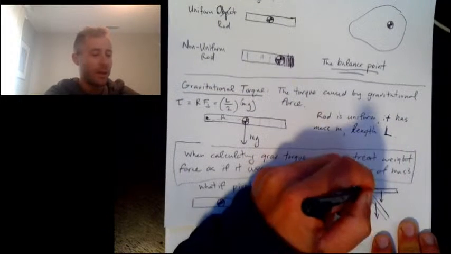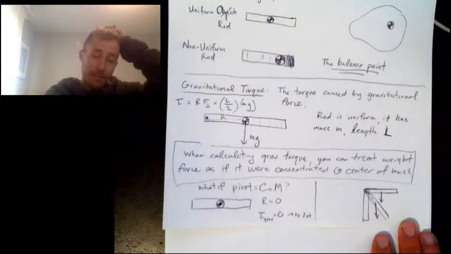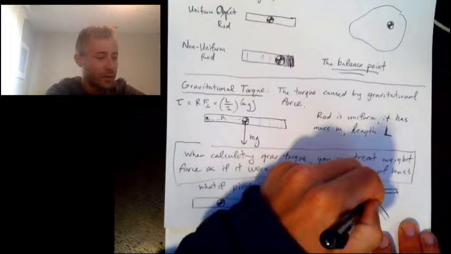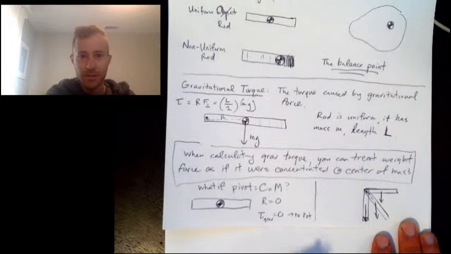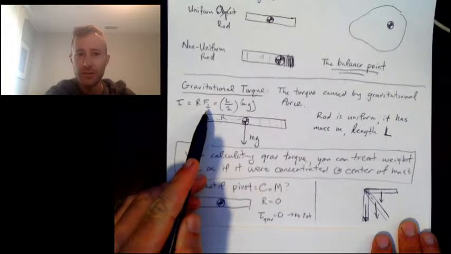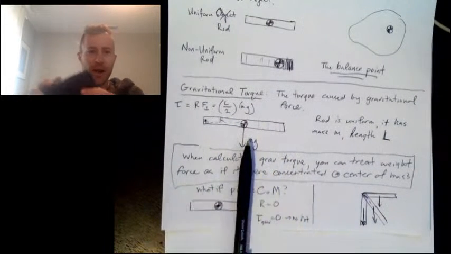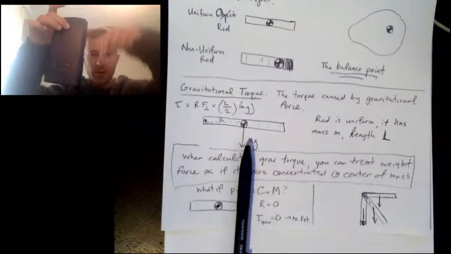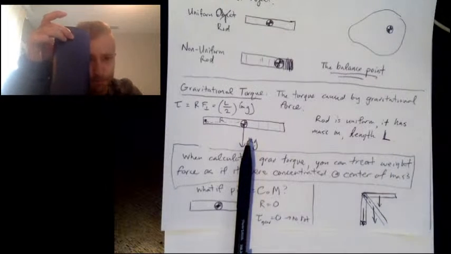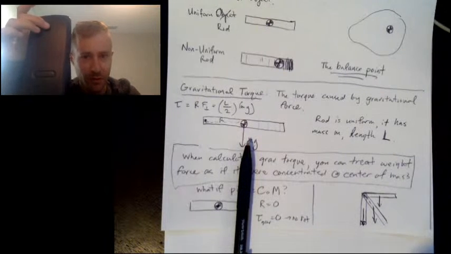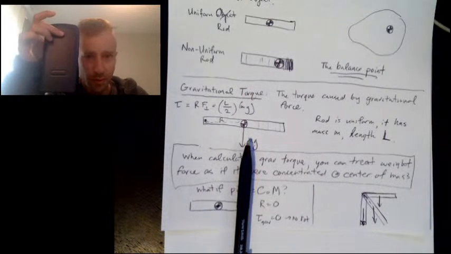And what happens when the rod is vertical? Well, in this case, the gravitational force is actually parallel to the rod. So that means that F perp is 0. So what happens is gravity will swing something until the weight force is parallel to R. And so what that means is that an object will swing until its center of mass is directly below the pivot point.